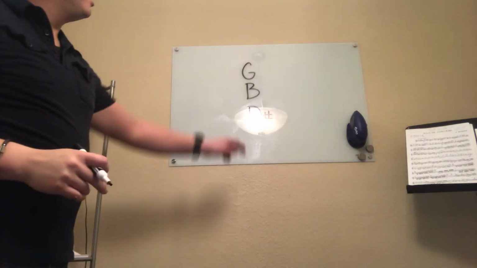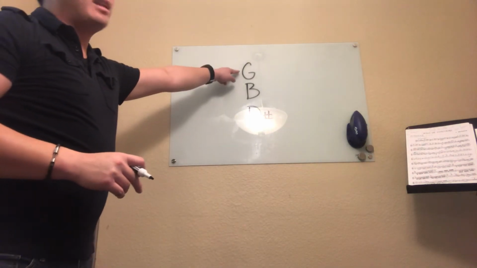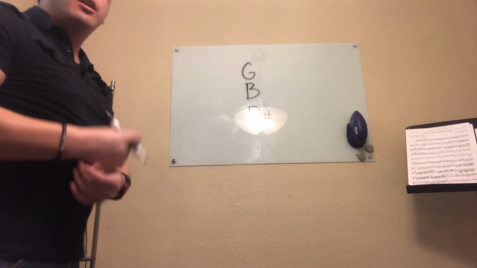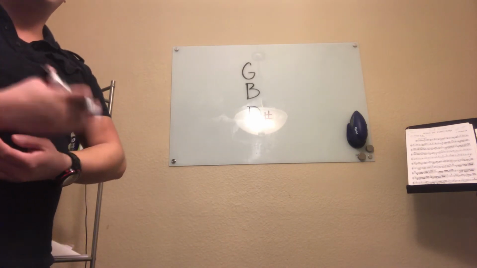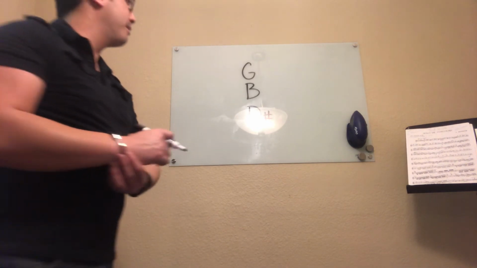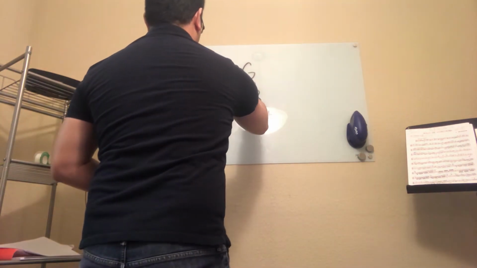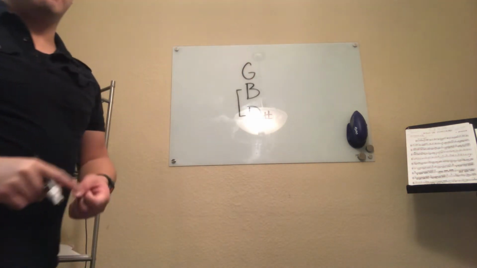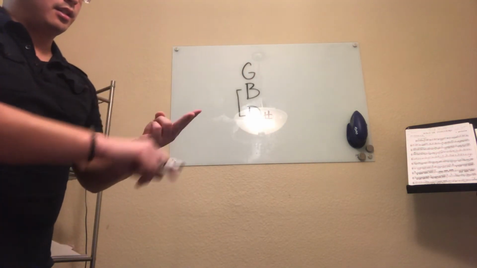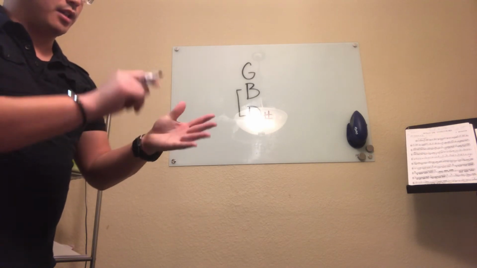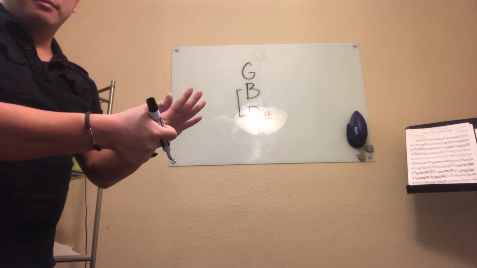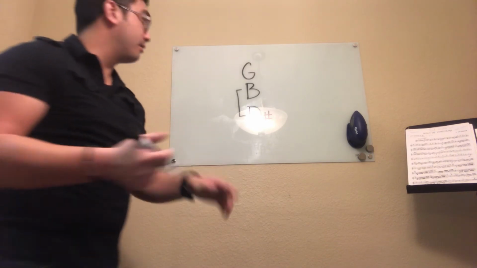Here we have D sharp, B, and G. So we're going to figure out what inversion we're in so we can figure out what the root is. D to B. D, E, F, G, A, B. That's some kind of sixth.